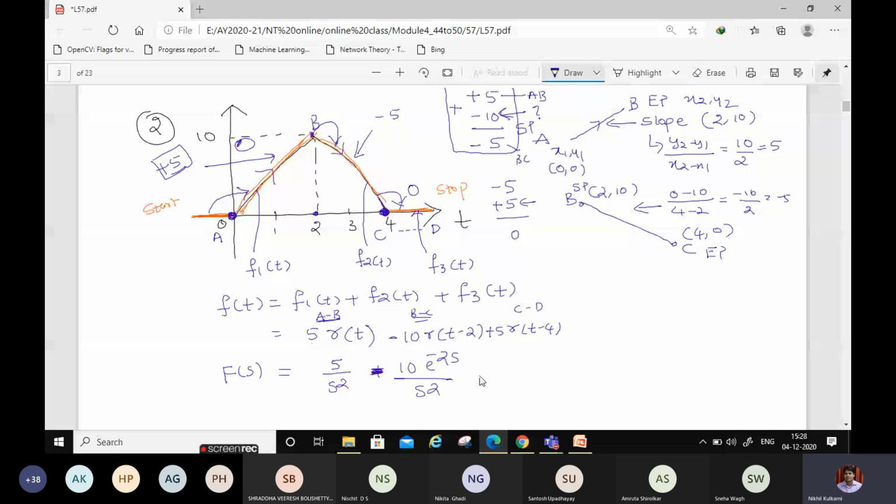Okay, then plus what you have to add? 5 e to the power minus 4s divided by s square. This is the answer. So if you do these things properly, you will get minimum 7 marks. Minimum 5 to maximum 8 or maybe 10 also.